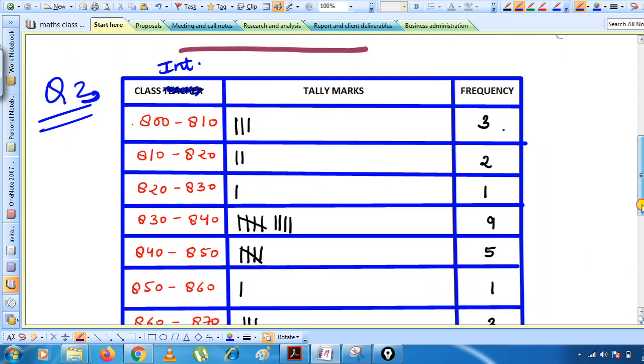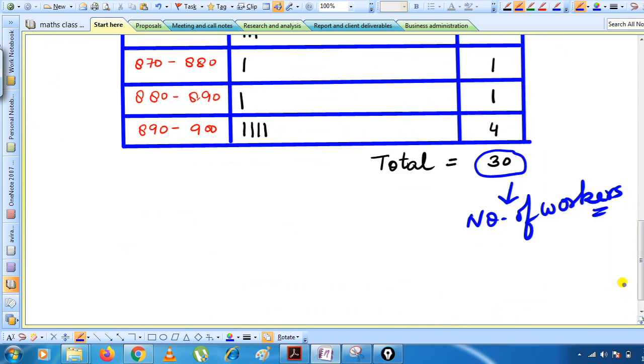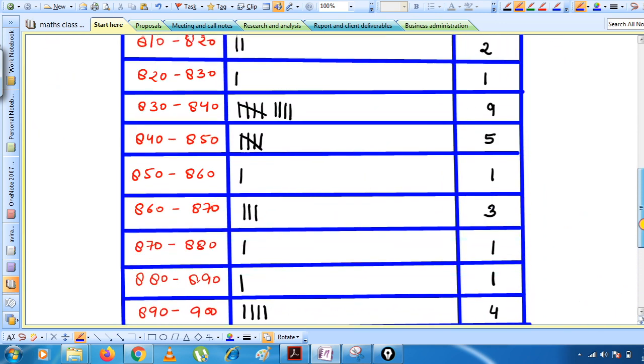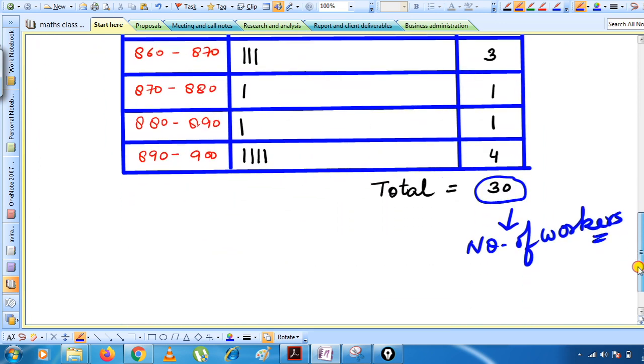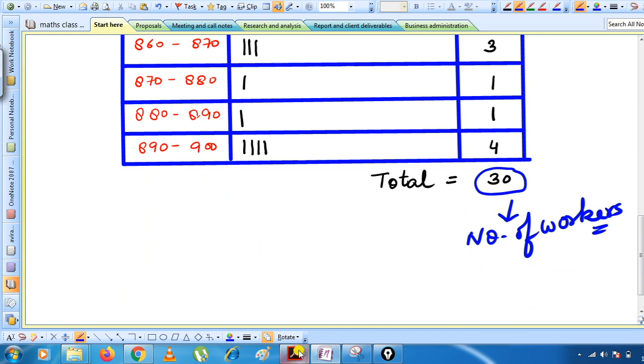That means our answer is coming correct. If this number is 30 and 30 is the number of workers, that means the table made by us is absolutely correct. So this was your answer to question number 3.